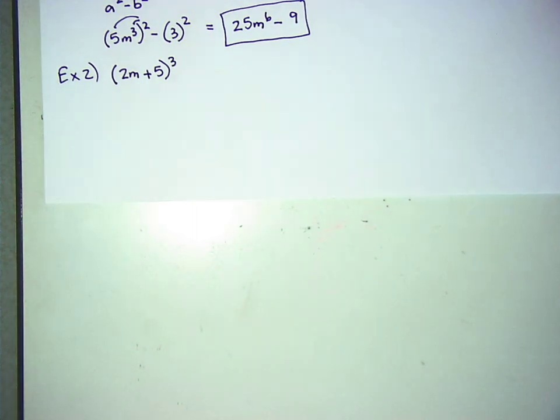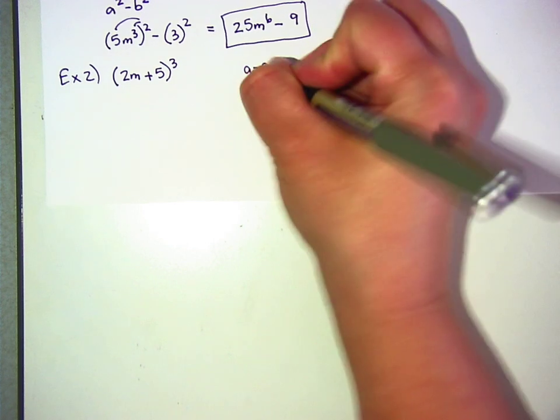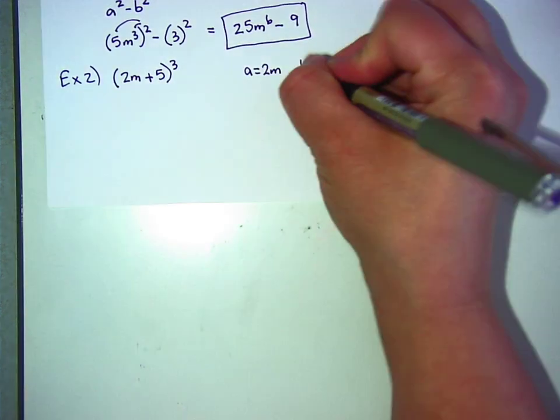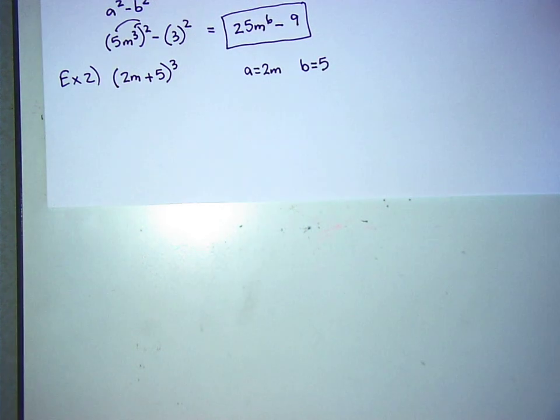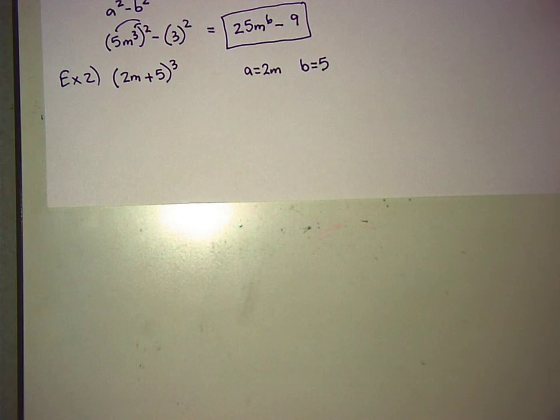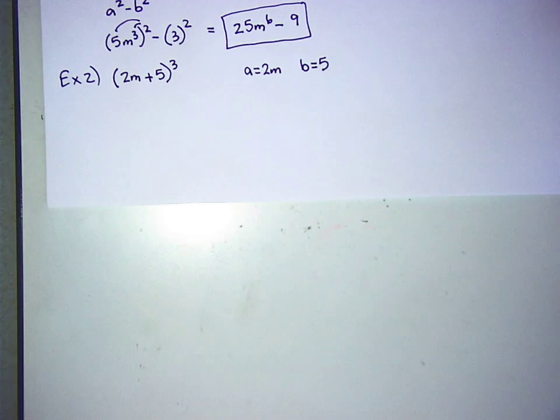Okay. What's A this time? 2m. A is 2m. B? 5. And then which formula are we using? The fourth formula. And we have that one down because we did that one together, right?